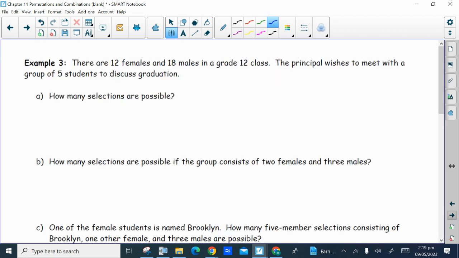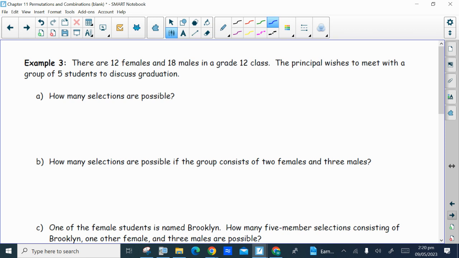On the next page, there are 12 females and 8 males in a grade 12 class. So obviously it's an awesome class. A principal wishes to meet with a group of 5 students to discuss graduation. How many selections are possible? So again, the order doesn't matter. They're just being selected. Therefore, it's a combination. In this case, there's no separating females and males.